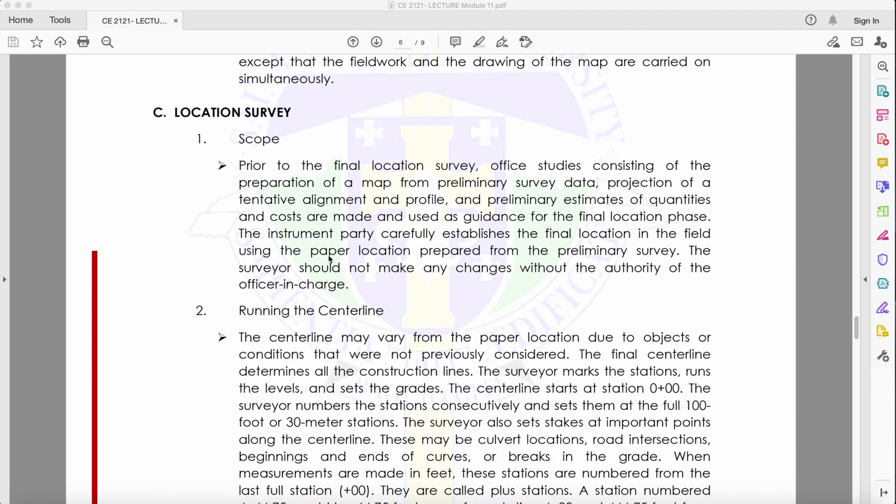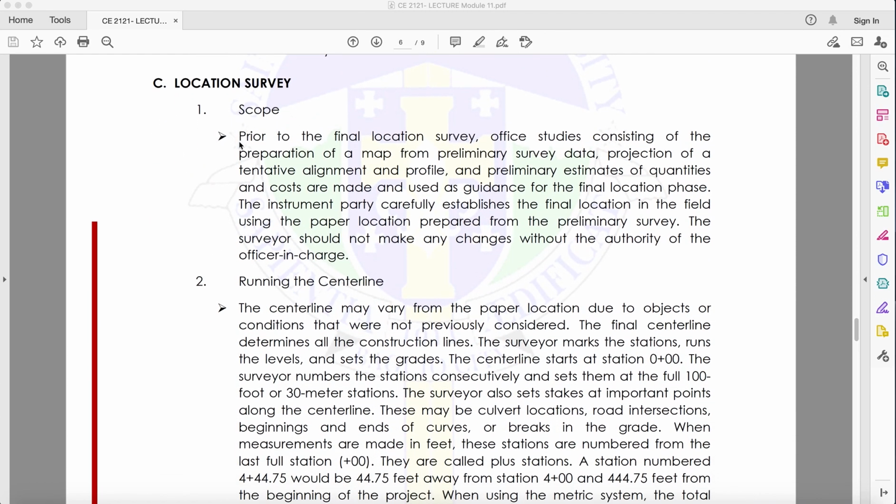Next would be the location survey. For the location survey, the scope is that prior to the final location survey, office studies consisting of the preparation of a map from preliminary survey data, projection of a tentative alignment profile, and preliminary estimates of quantities and costs are made and used as guidance for the final location phase. Like I've said, money is one of the most important factors to be considered in any project.